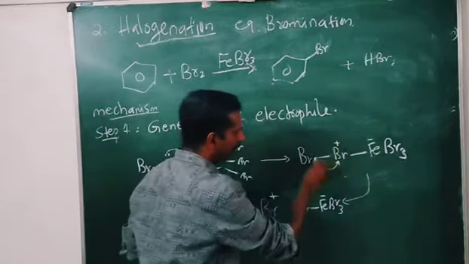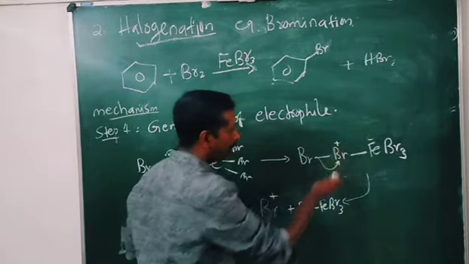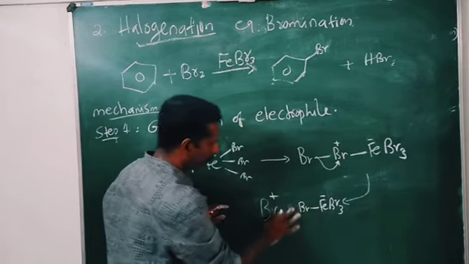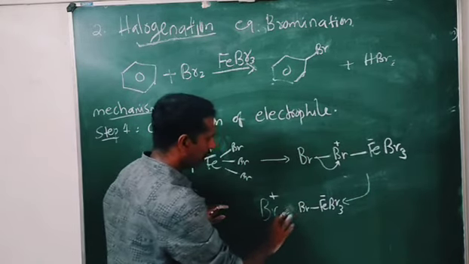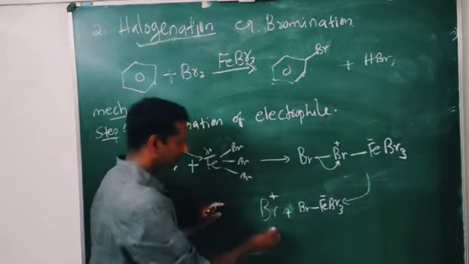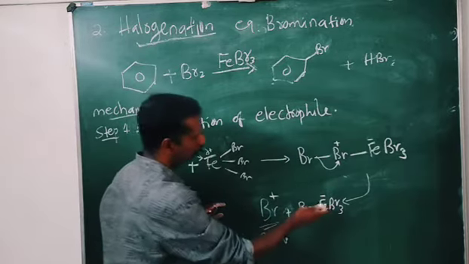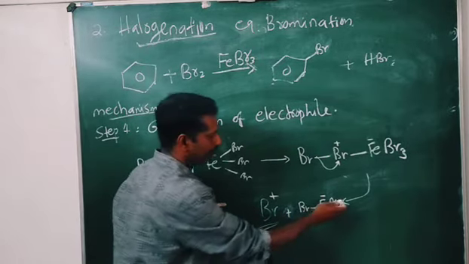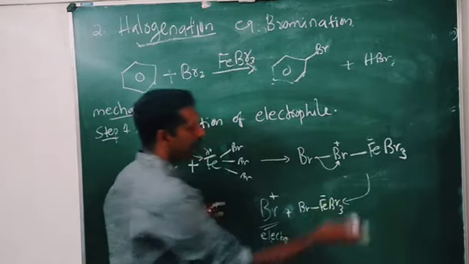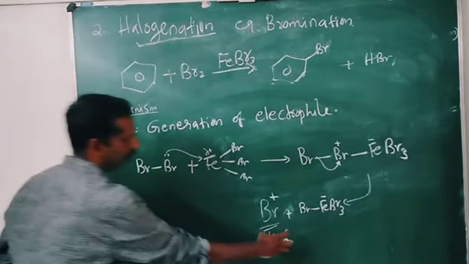For stability, this bond pair of electrons will be taken by Br plus, so the positive charge is removed, and what we get? Since the bond is breaking from Br, this will change into Br plus. This is our electrophile, plus Br, FeBr3 minus. This is the first step, generation of the electrophile.